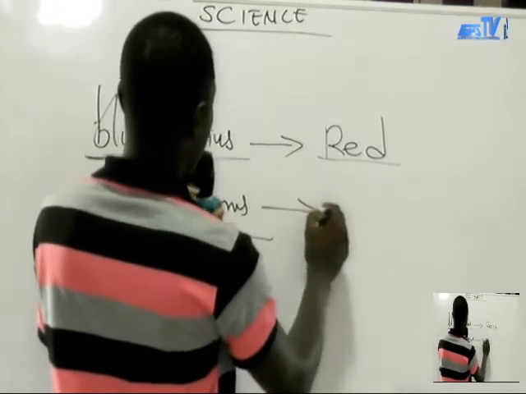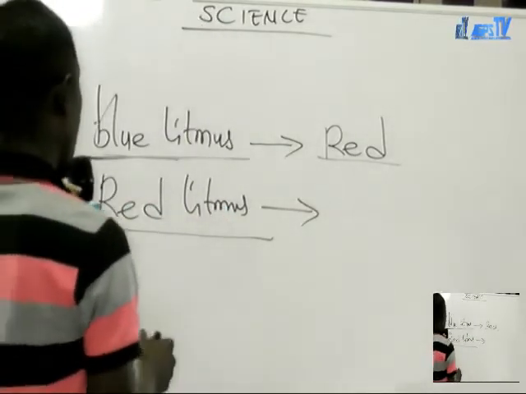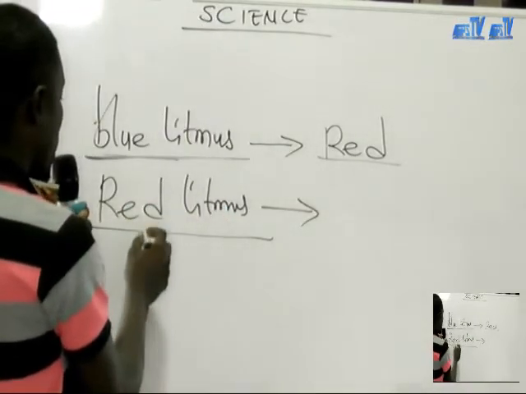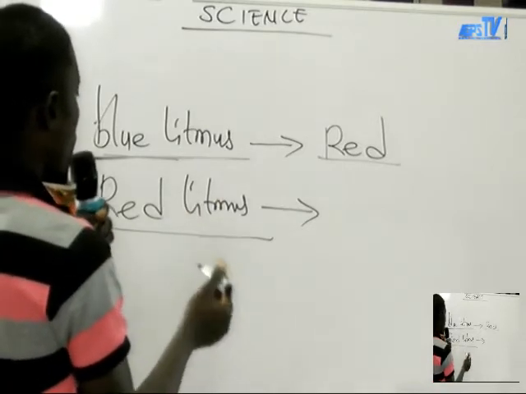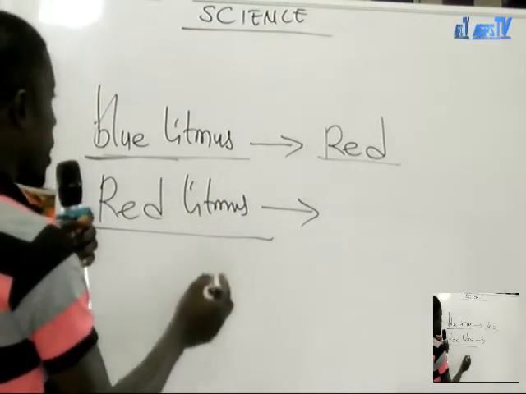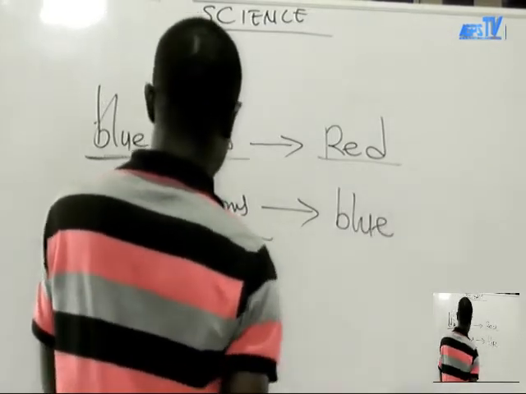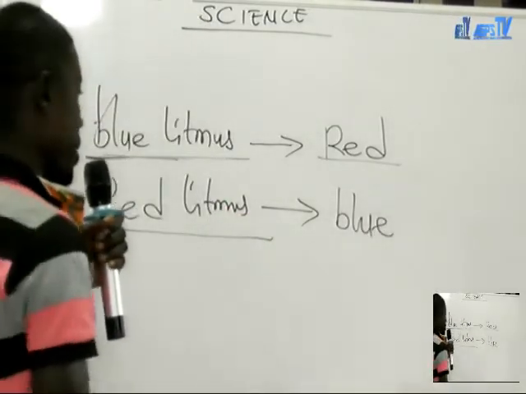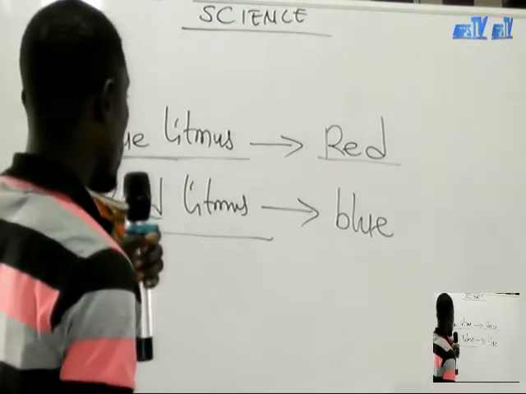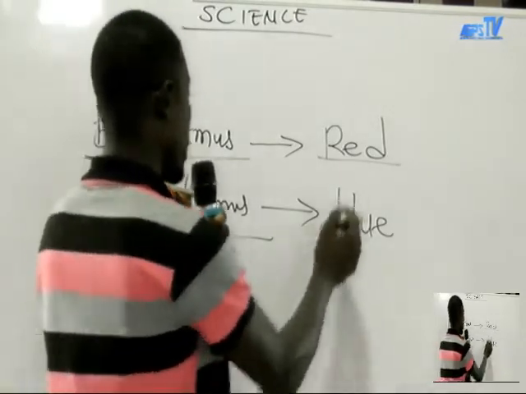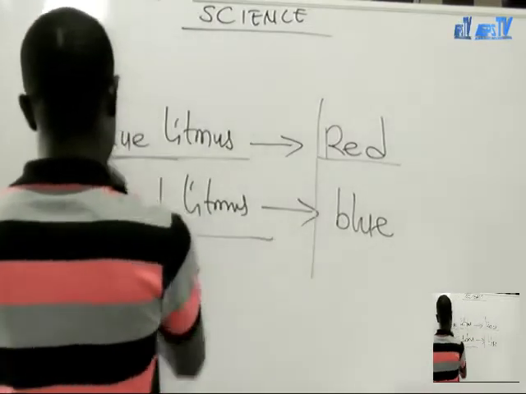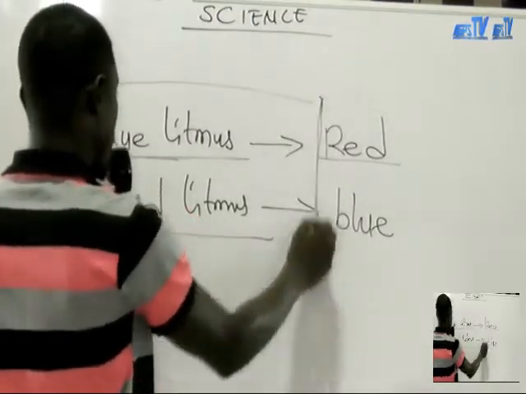The same way, if they dip the red litmus paper in a certain solution and it turns blue, it means that solution is a base. So they normally use litmus paper to test for acid and base.